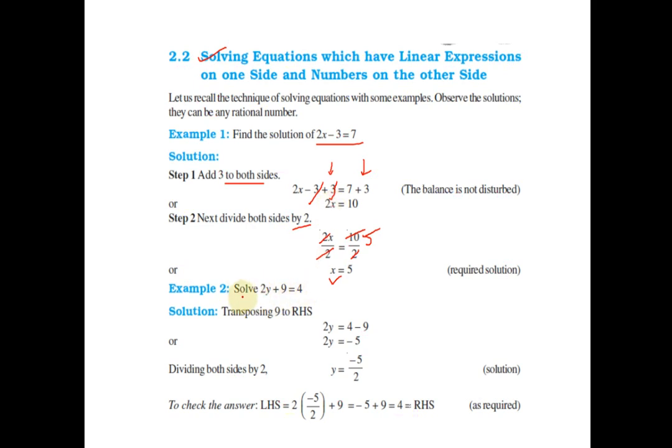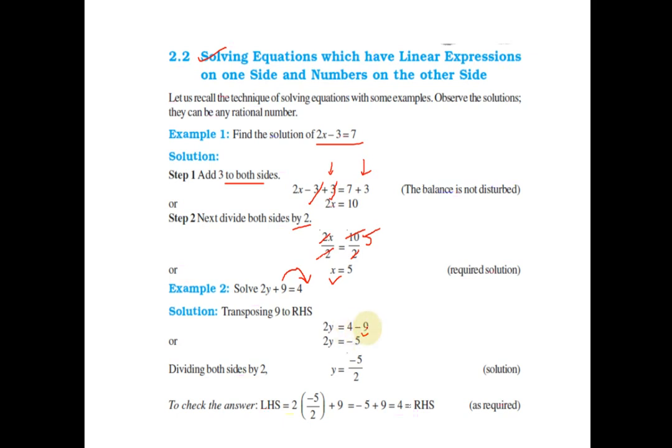Now the second example: solve 2y plus 9 equals 4. Here, at first we will take this 9 to the right hand side, since it is positive in the left hand side. When we transpose it to the right hand side, it will become negative.